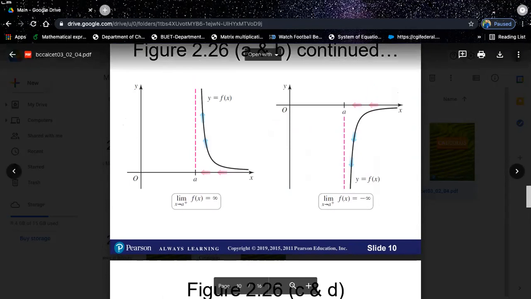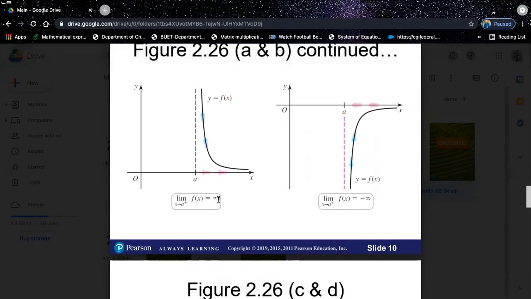That means, yeah, the limit does not exist, no doubts on that, but which way it's going towards, we need to know that as well. Because it could be negative infinity. If you just write does not exist here, one may be confused whether it's because it's moving towards positive infinity or the negative infinity.